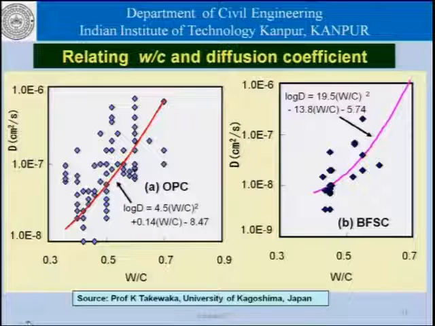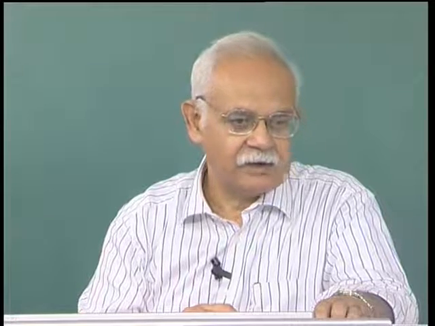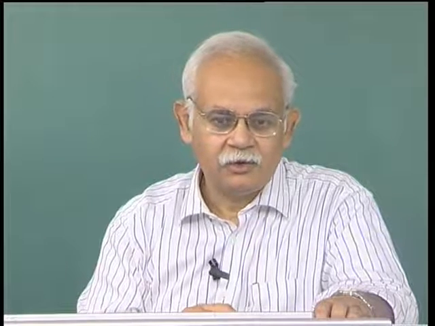It is not a very promising sight. It does not augur very well to a student who sees that there is virtually no relationship between the water cement ratio and the diffusion coefficient.